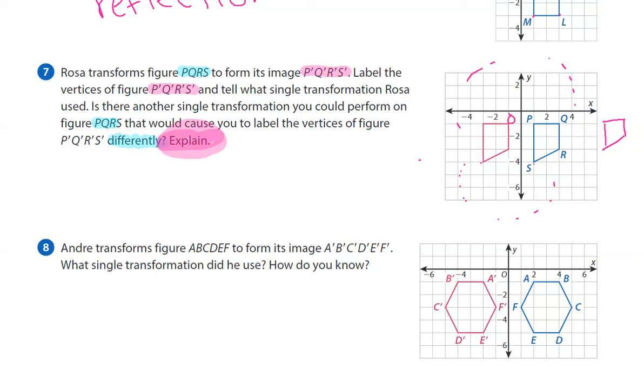So Q prime, P prime, S prime, R prime. So this is a translation, because it changed the location but not the orientation.